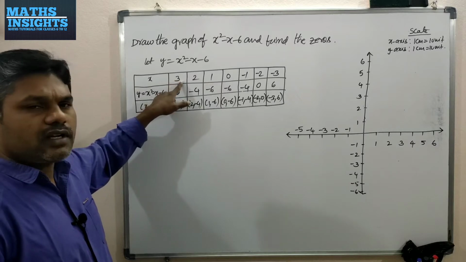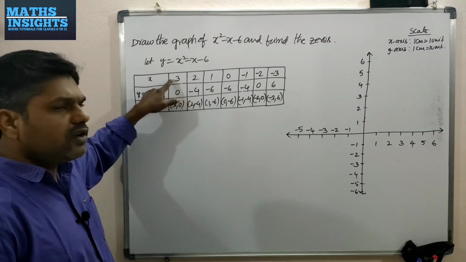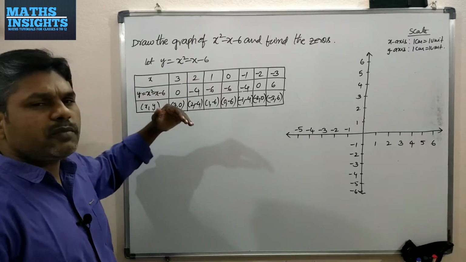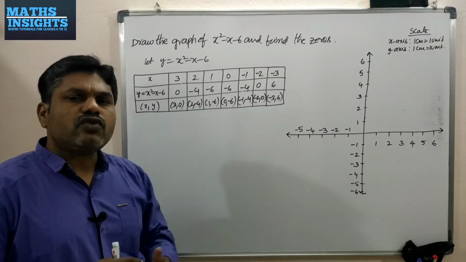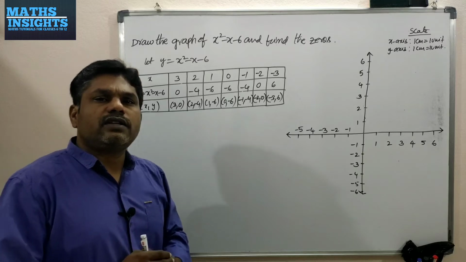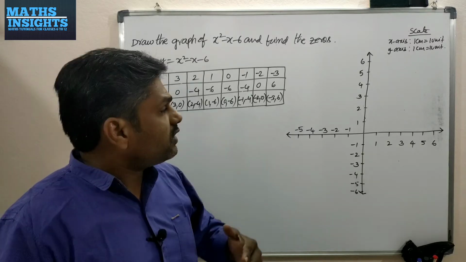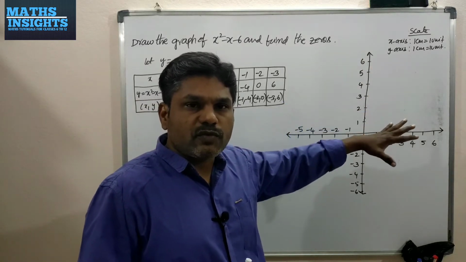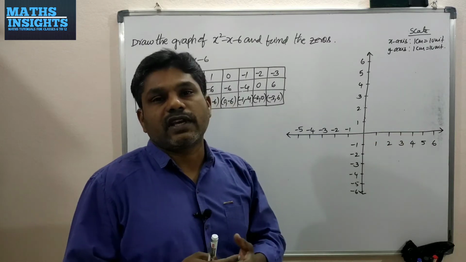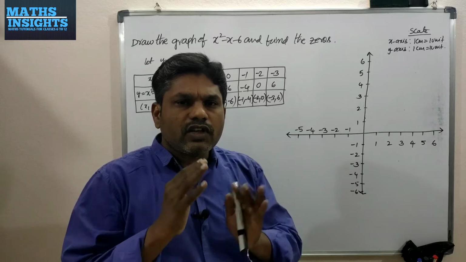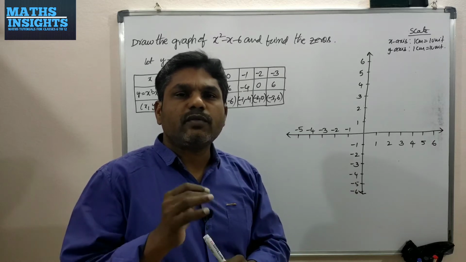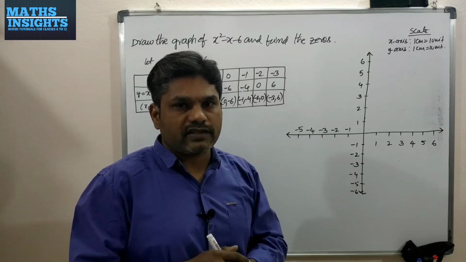If you take any particular value for x, the y value may be more, that means 20, 30, or 40. You should not get such huge numbers. Why? Because our graph paper is very small. You have to increase our scale, then the graph will become very small. You cannot identify the points where it is meeting the x-axis.